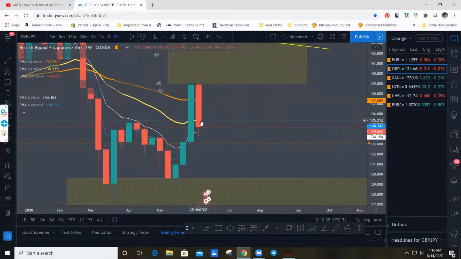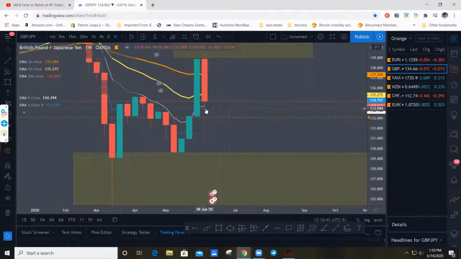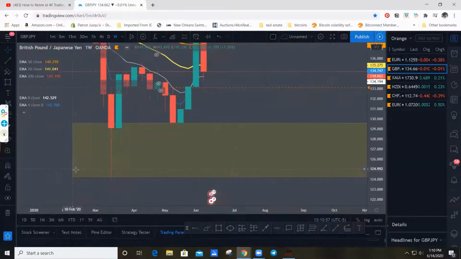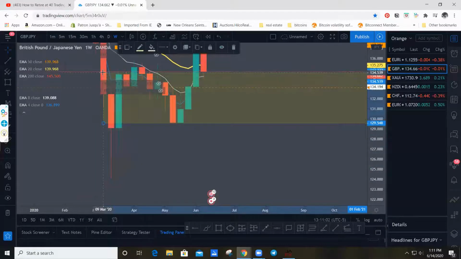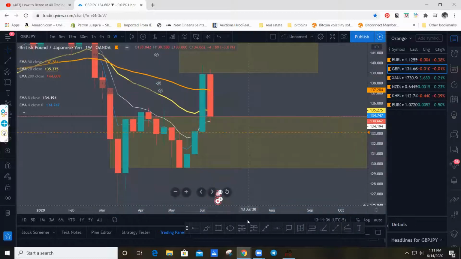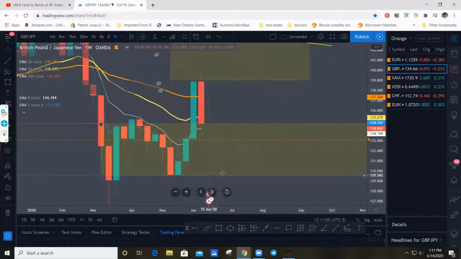So with this strong resistance, I can see price pushing back down in this area, coming back to test this area. But a lot is going to be determined by looking down on a smaller time frame.